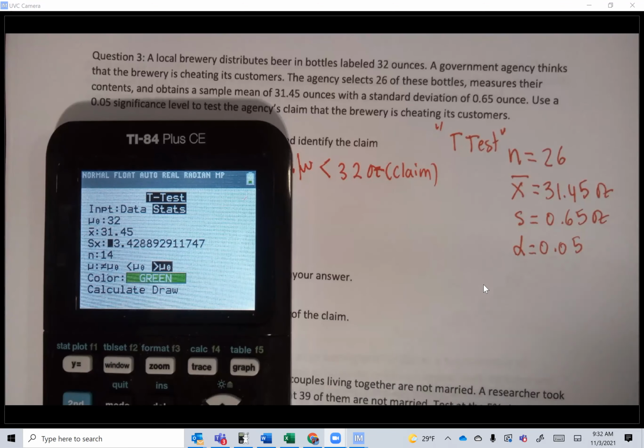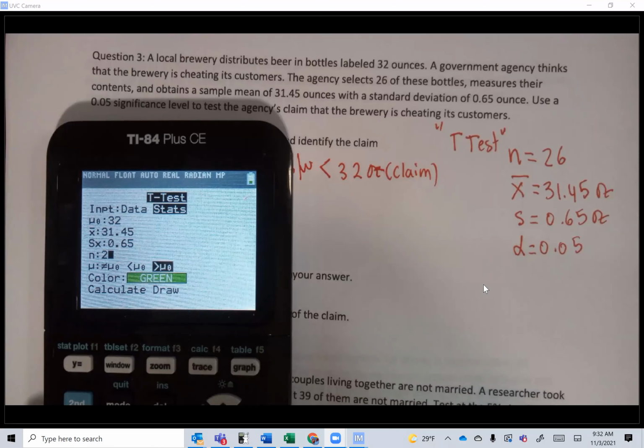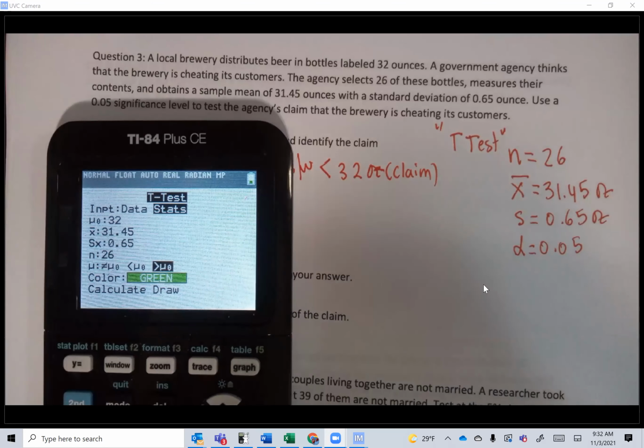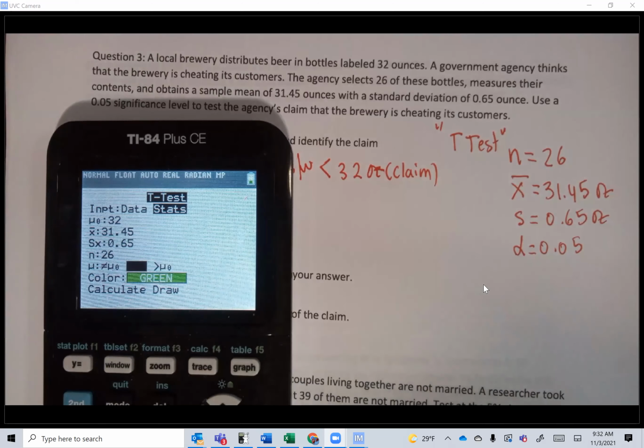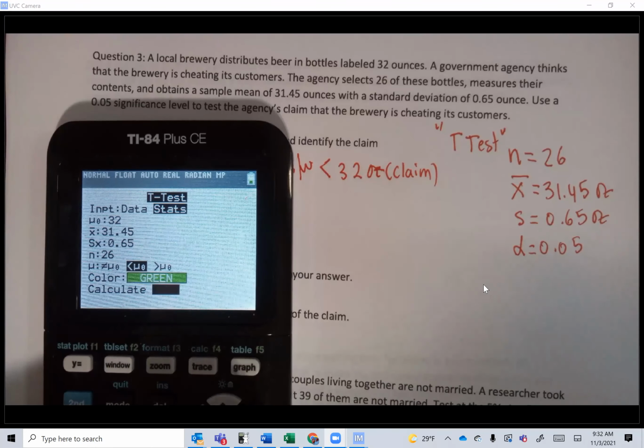S is 0.65. N is 26. And make sure to select the proper sign. You see, guys, greater is selected. That would be wrong if you keep it there. You have to go to this and press enter. And try it with me, guys, so you know that you can do it when we're offline. And if you want, I can do a draw.